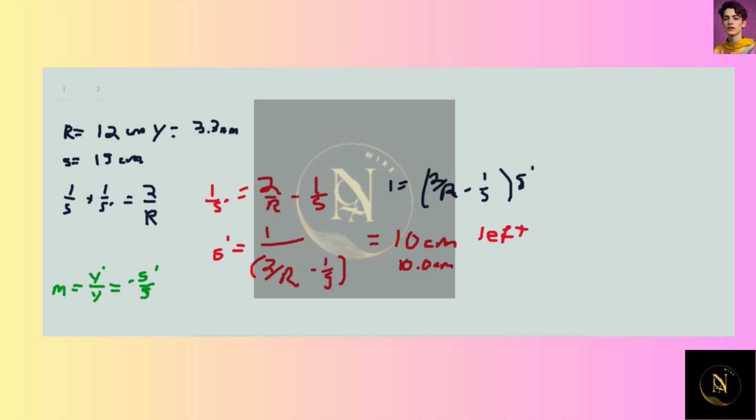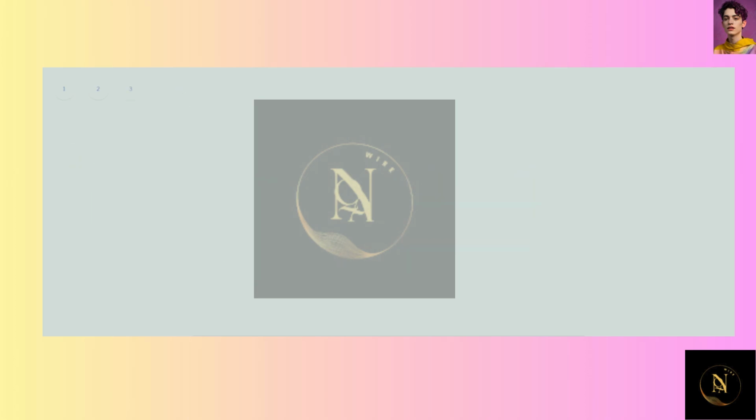So we have s prime as 10 centimeters and s as 15. So m equals minus s prime over s, which also equals y prime over y. And that we have 10 centimeters over 15, which equals just 2/3 or 0.6666 repeating.